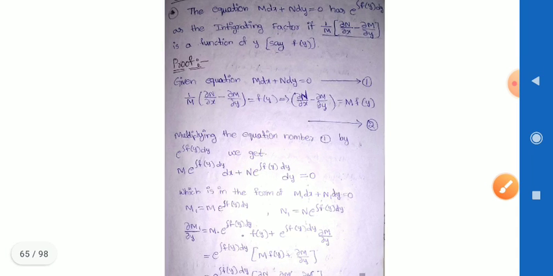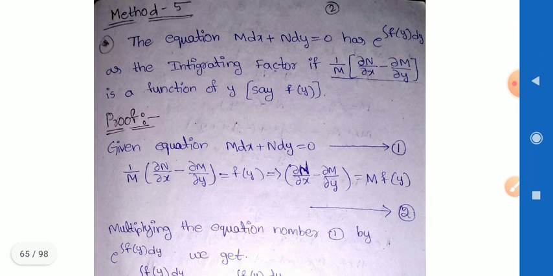Now method number 5. In method number 5, the equation m dx plus n dy is equal to 0 has exponential integration f of y dy as the integrating factor, if 1 by m into dou n by dou x minus dou m by dou y is a function of y, say f of y.